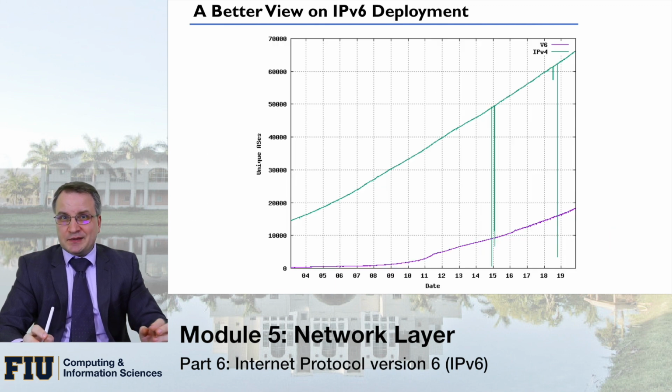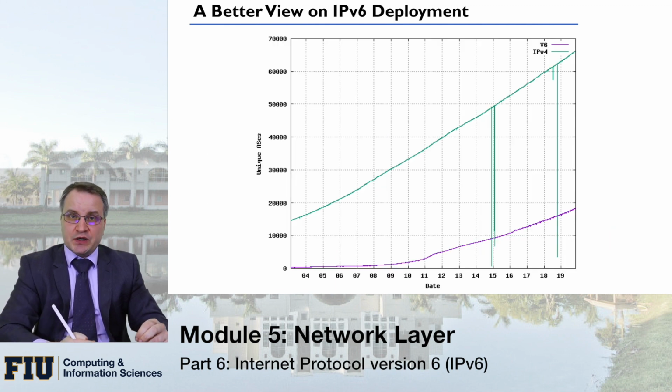A more realistic picture, and that's where my number of 25% is coming from, is looking at the AS numbers, so the number of ISPs that actually have a deployment of IPv6. This number is a little bit better than the prefixes.